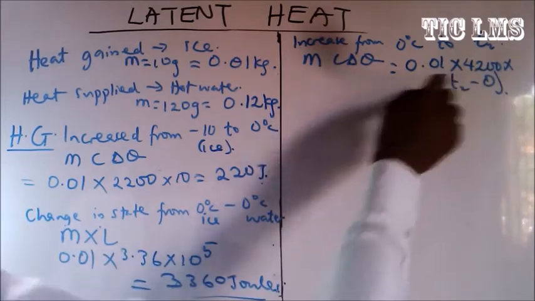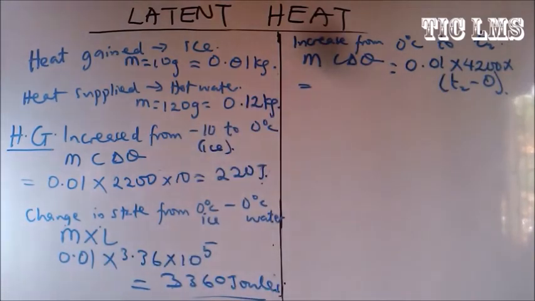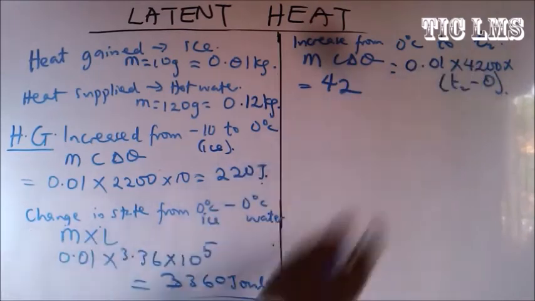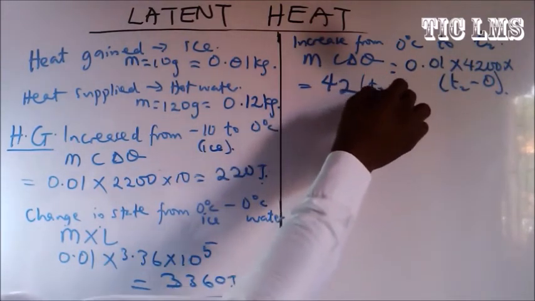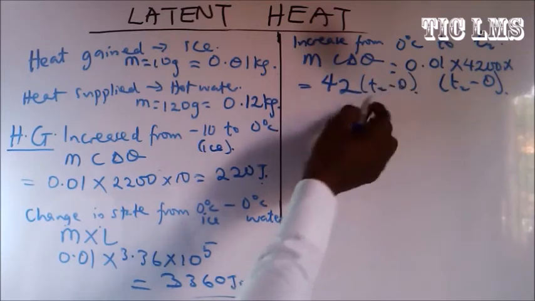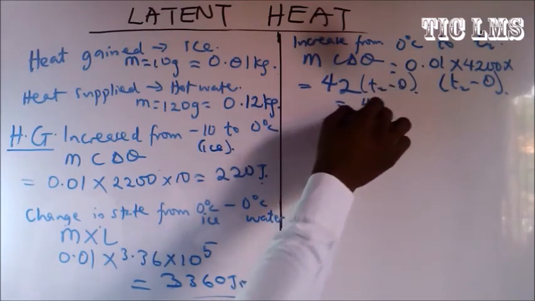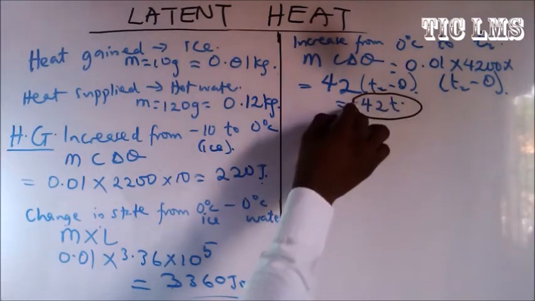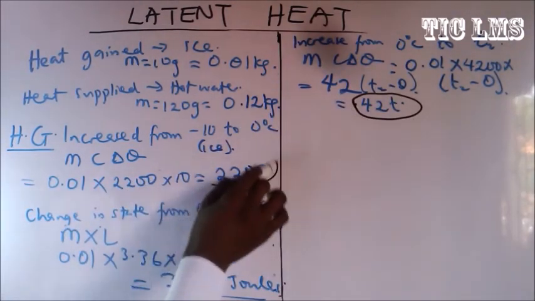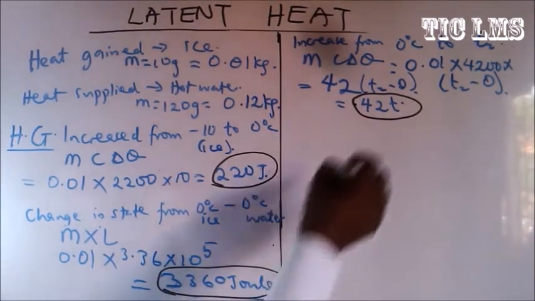When we multiply, 0.01 times 4,200 is 42, so we have 42T. Remember that these are the heats that were gained by the ice, in joules.